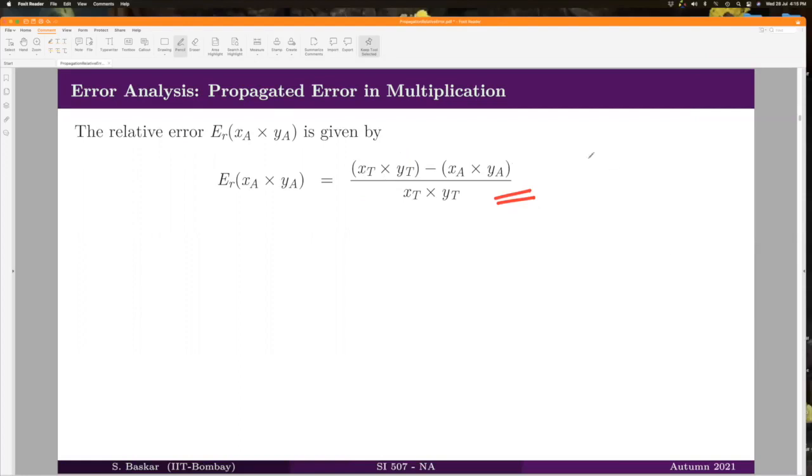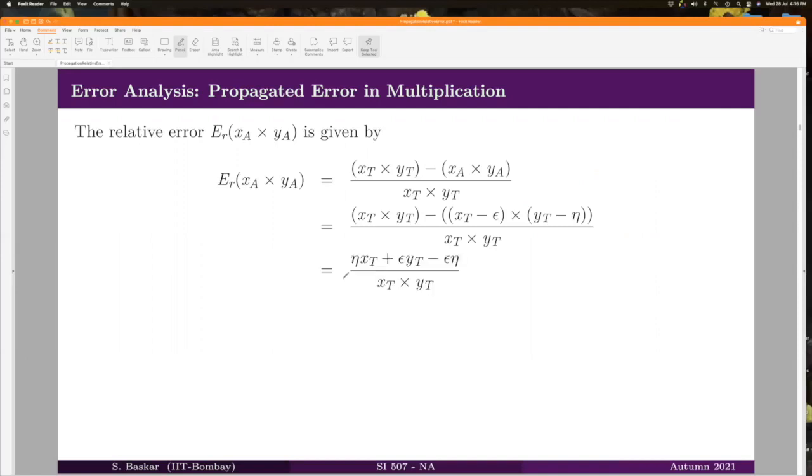And remember, we have taken xt is equal to xa plus epsilon and yt is equal to ya plus some eta, where epsilon and eta are very small numbers. When you substitute xa equal to xt minus epsilon and ya equal to yt minus eta, we get this expression.